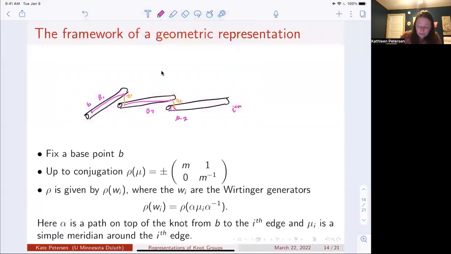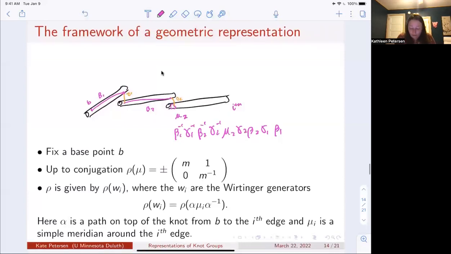So in this case, I'm looking at the path that goes beta 1, gamma 1, beta 2, gamma 2, mu 2, gamma 2 inverse, beta 2 inverse, gamma 1 inverse, beta 1 inverse.